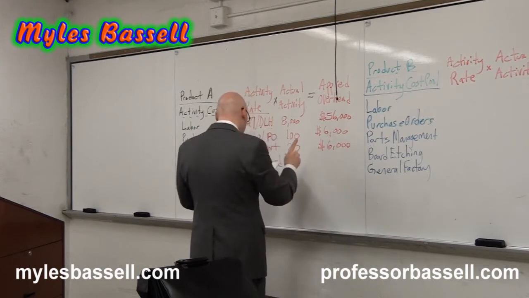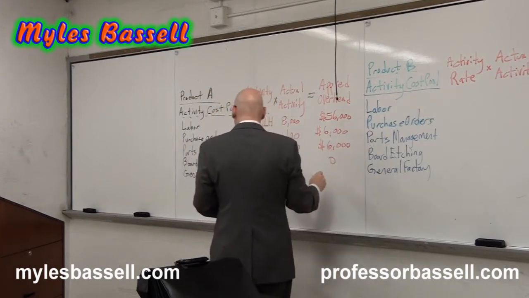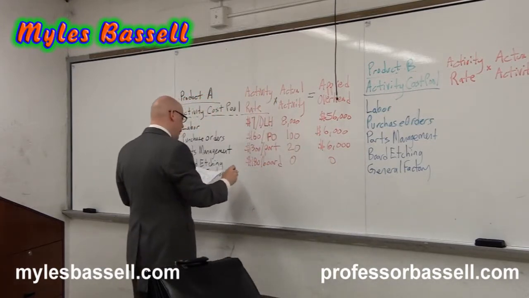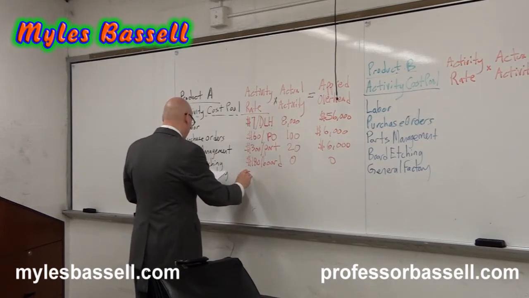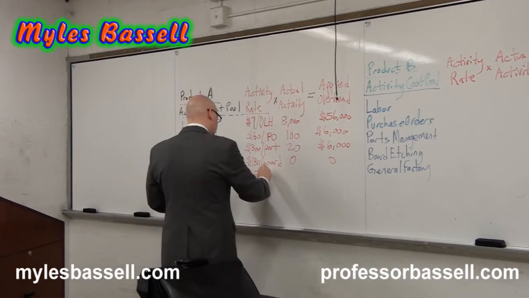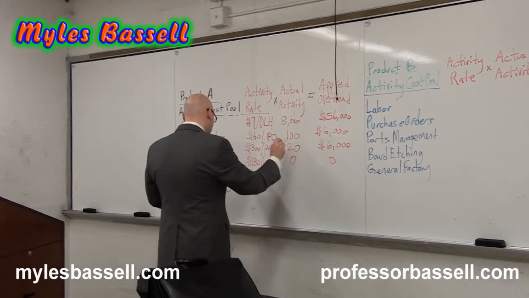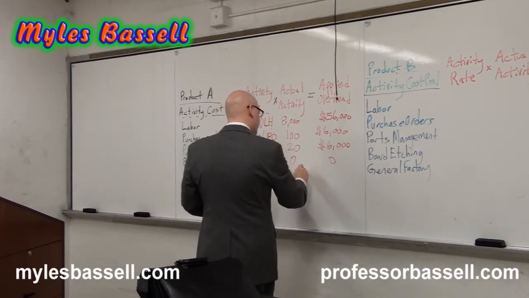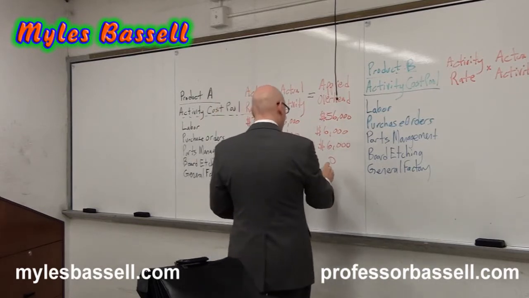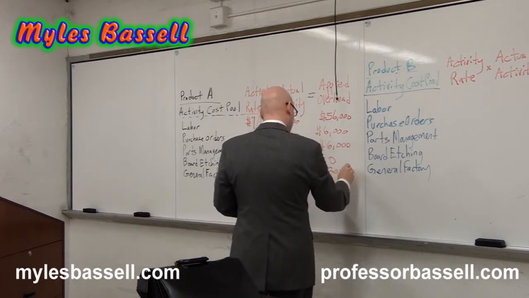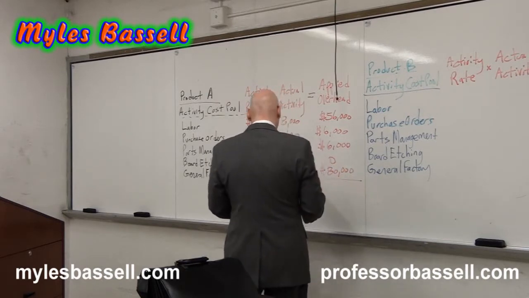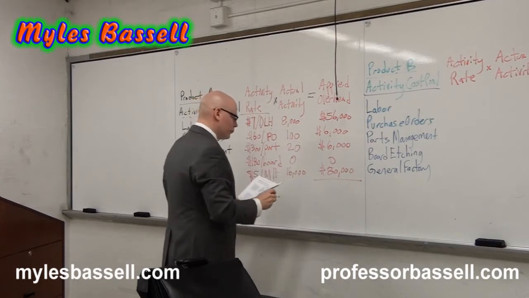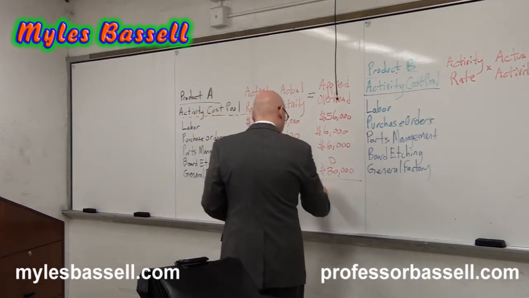For this product, it's 0. We'll see for product B, it's 1,500. And what about for a general factory? 555. How many machine hours? 8,000. Which is how much? 148,000.